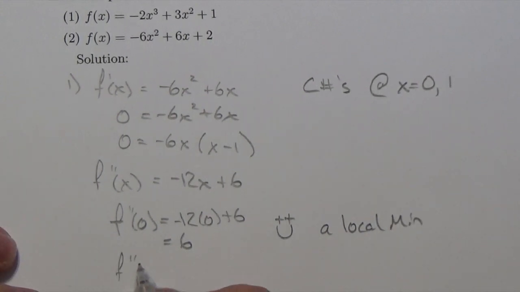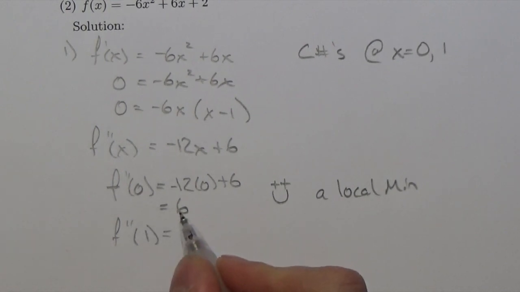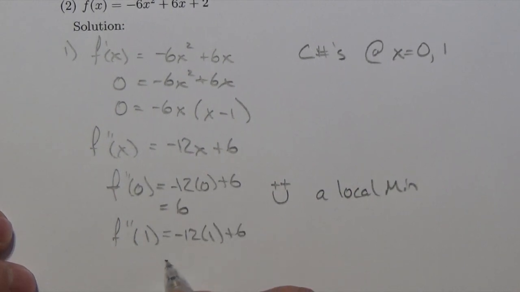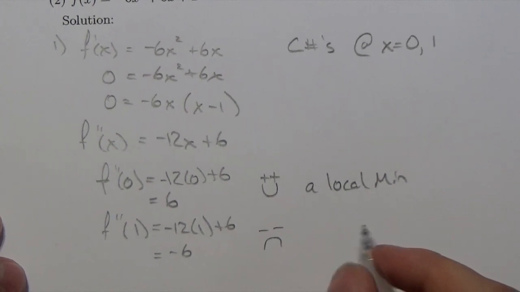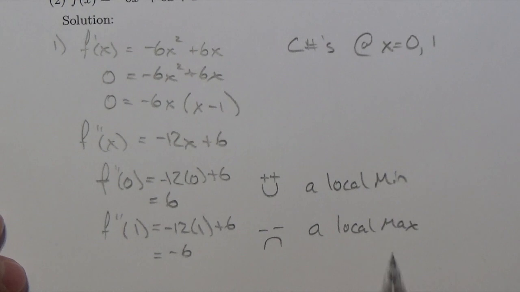If we evaluate the second derivative at 1, again not setting it equal to 1, I'm evaluating it at 1, so it'll be negative 12 multiplied by 1 plus 6, which gets me negative 6. That is concave down, which suggests a local max.